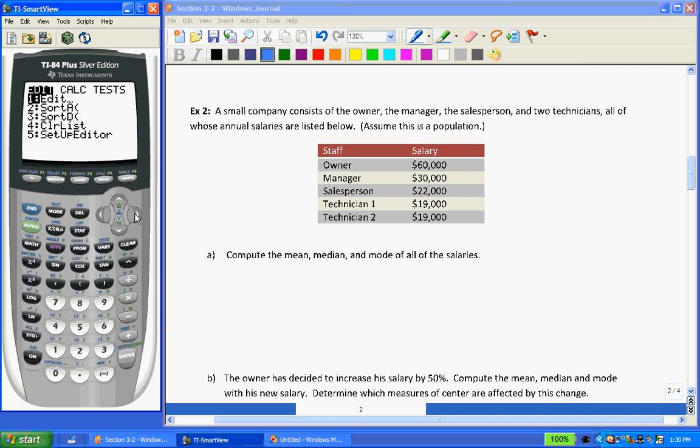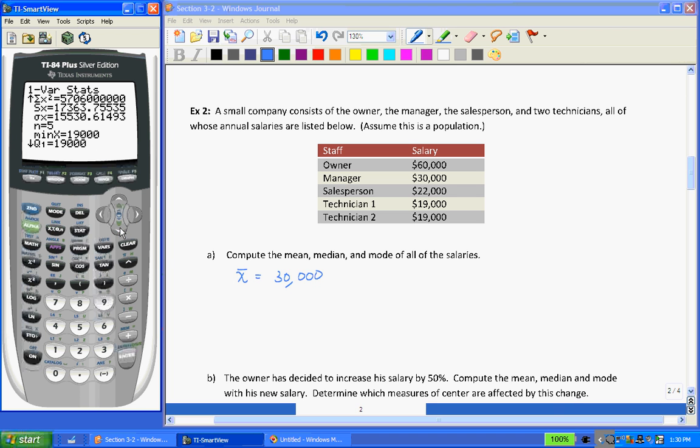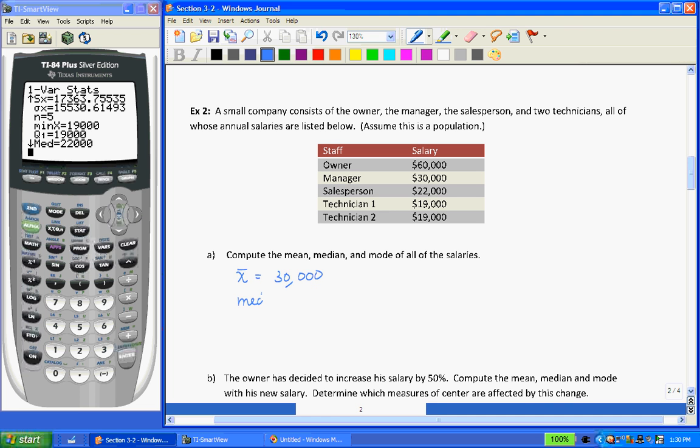So if I go to Stat, arrow over to Calc, 1-Var Stats, and this time my data is in list 2. And we get that x bar is 30,000. And the median, I have to arrow down for that, is 22,000.